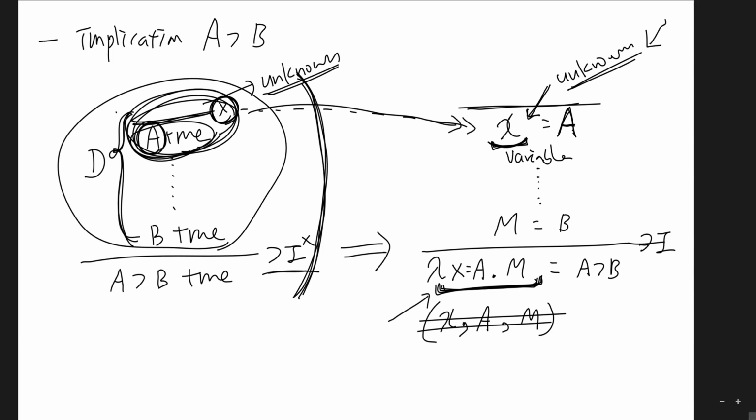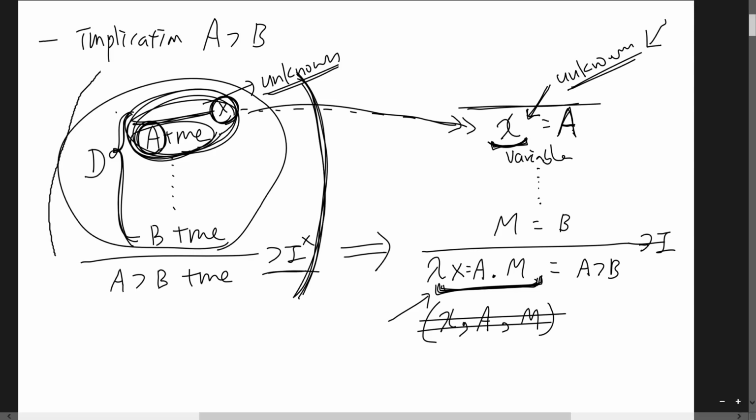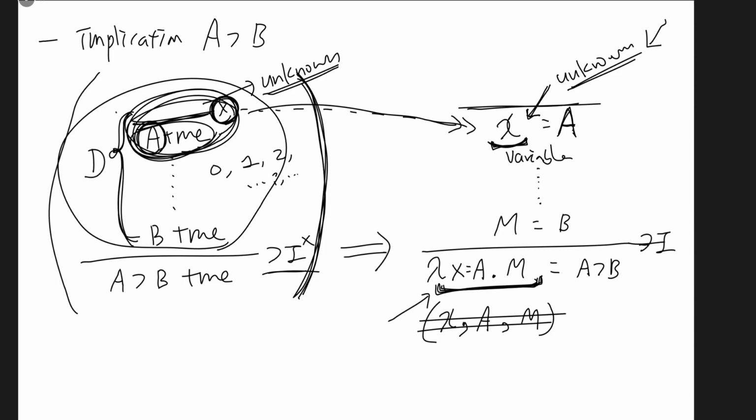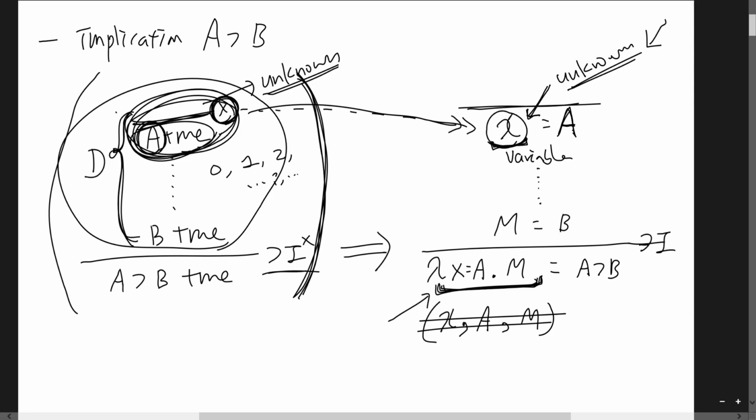One thing that you should notice here is, remember that in this hypothetical proof, you may use this hypothesis 0 times, only once, twice, or as many times as you like. It's okay because that's what propositional logic allows. And similarly, you may use this variable inside proof term M 0 times, 1 time, twice, or as many times as you like.